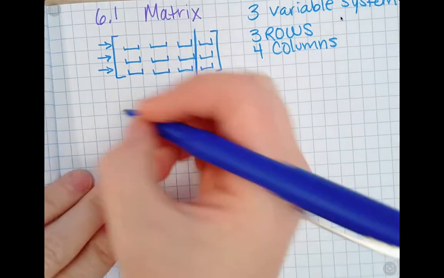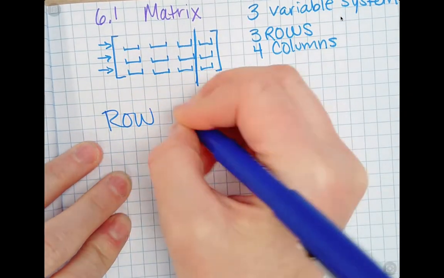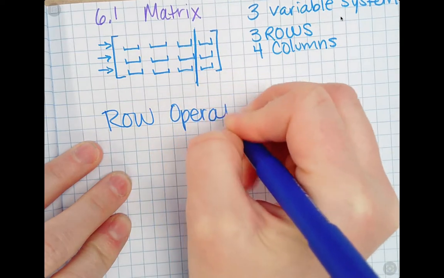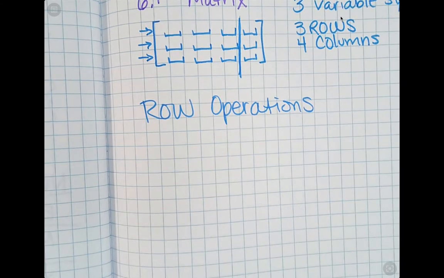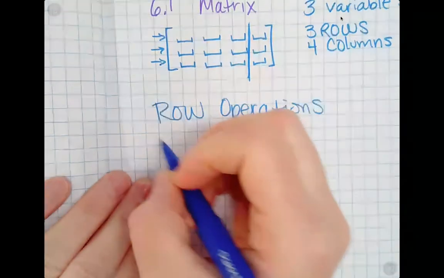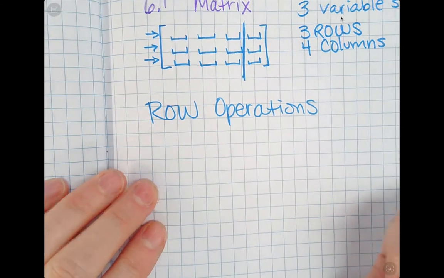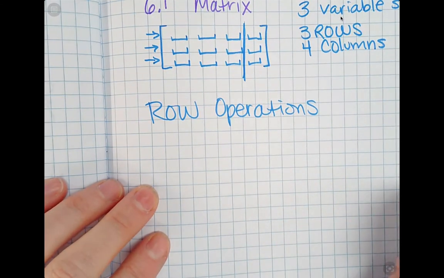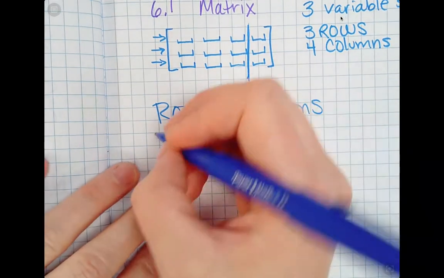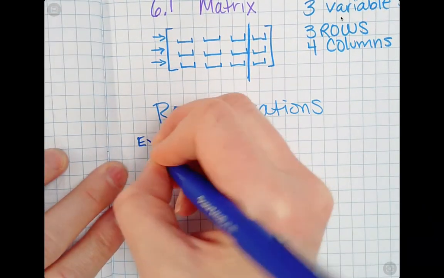Okay, so let's talk about row operations. We can do different operations with our rows. We can multiply a row by a number, add it to a number. We can do all these different operations. So we are just going to write an example.